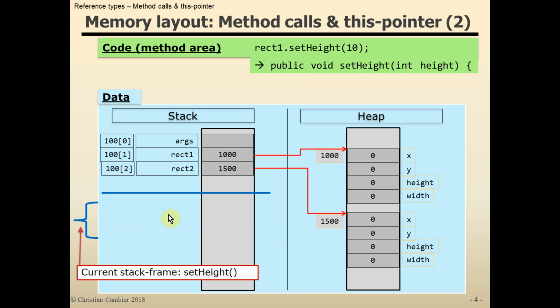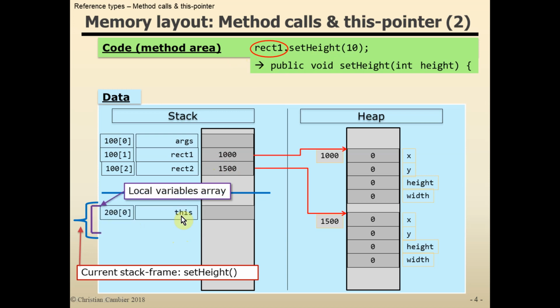Instead, since in the main method setHeight is using the object referred to by rect1, a copy of that value, 1000, will be stored in the local variables array at the first position, denoted by an implicit variable called this, or the this pointer. As a result, this points to the first object as well. And thus, we have access to the object from within another location in our code.